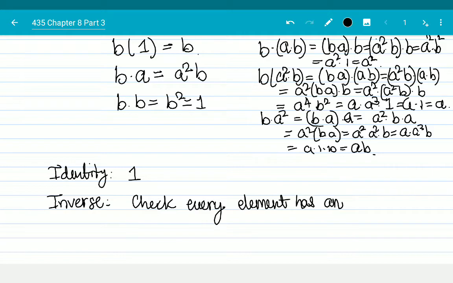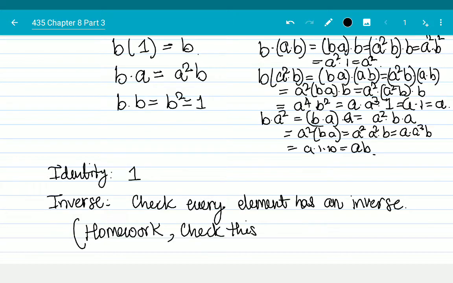So even though this problem is not on homework, so there is no homework this week. Check this is a group.